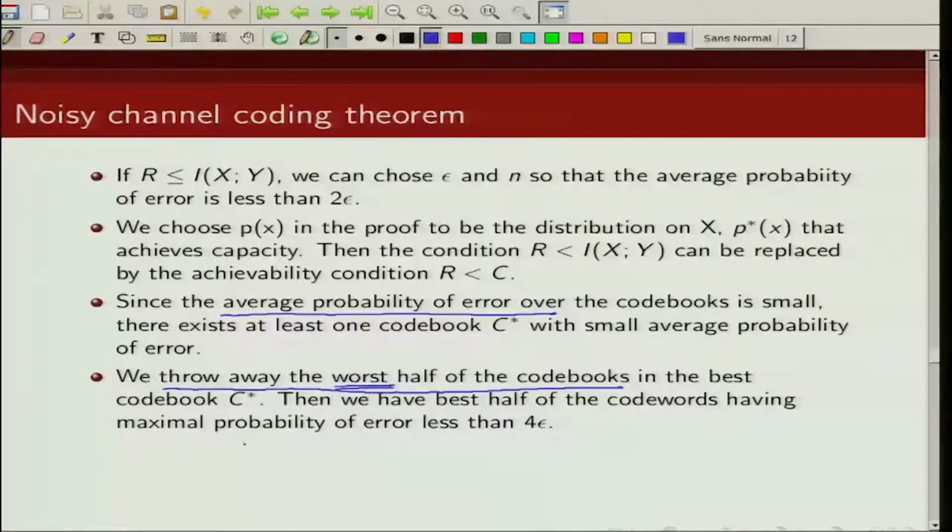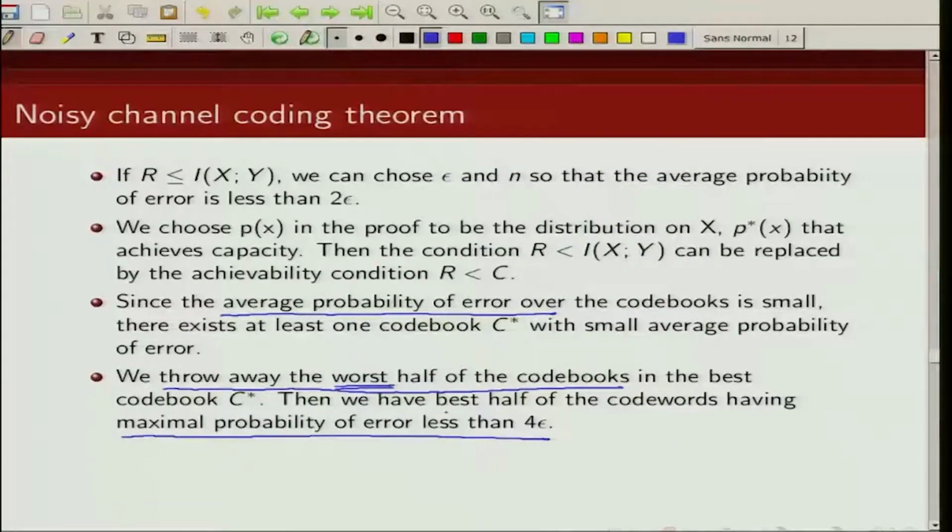Now it can be shown that for these best half of the code words the maximal error probability is less than 4 epsilon.